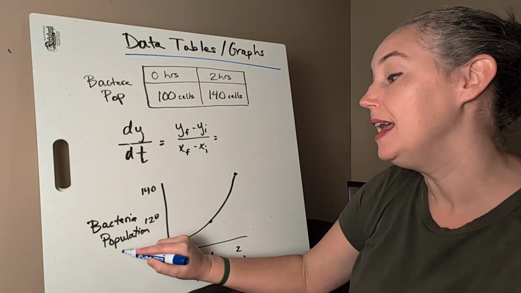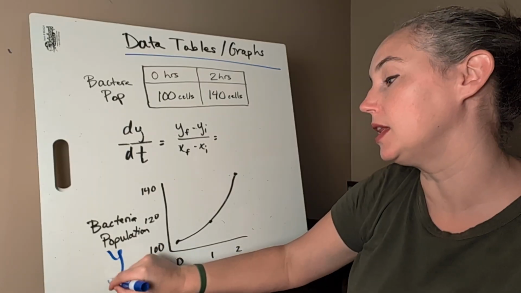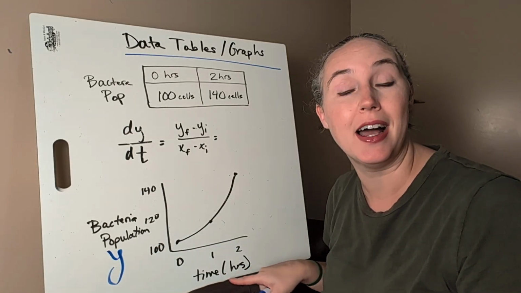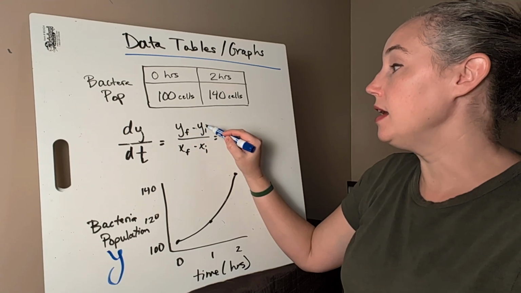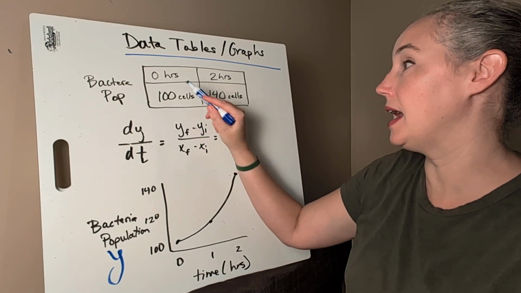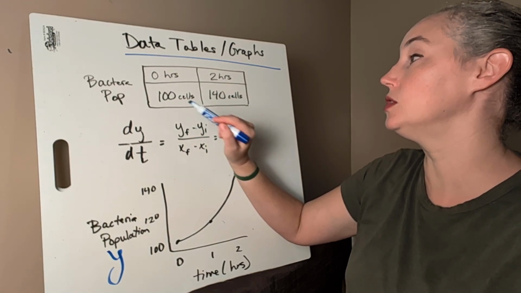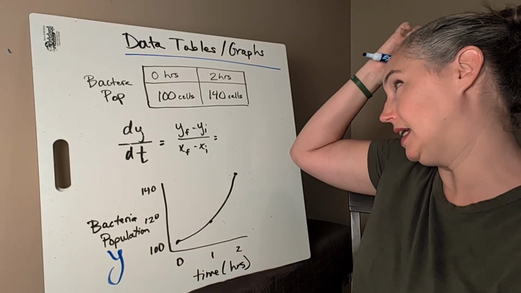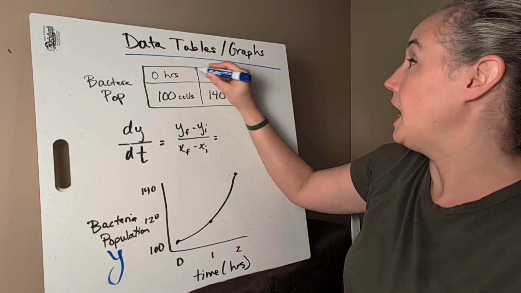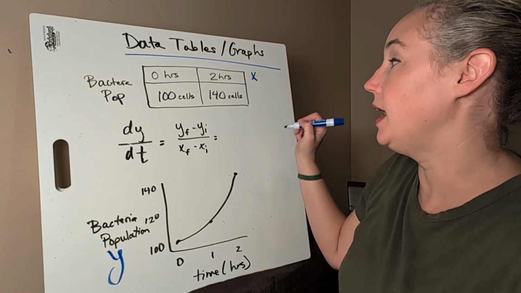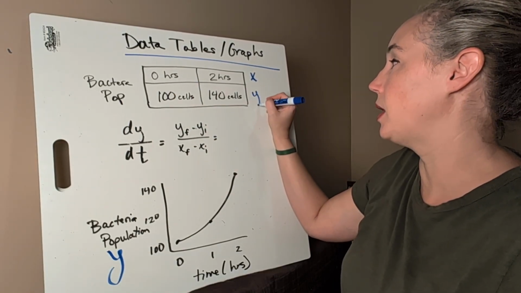So y, that's our bacteria population, and t is time in hours in this case. So at 0 hours, it's 100 cells. At 2 hours, it's 140 cells. So hours is my time, or my x, population is my y.